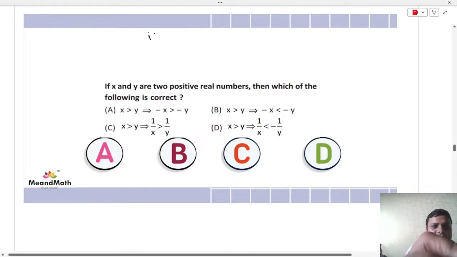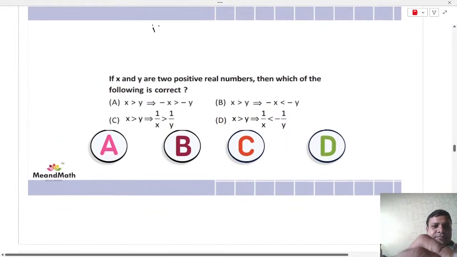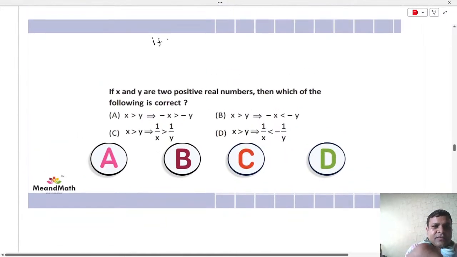Let's suppose x is greater than y, and x and y both are positive real numbers. So 1 upon x is less than 1 upon y.